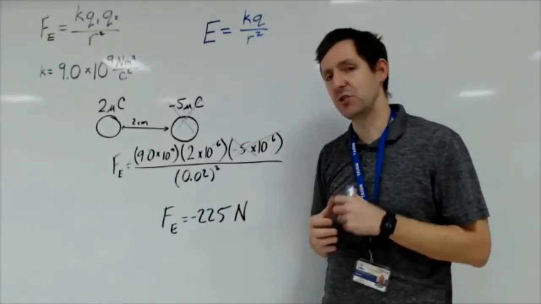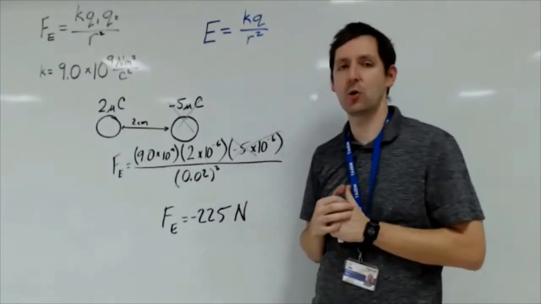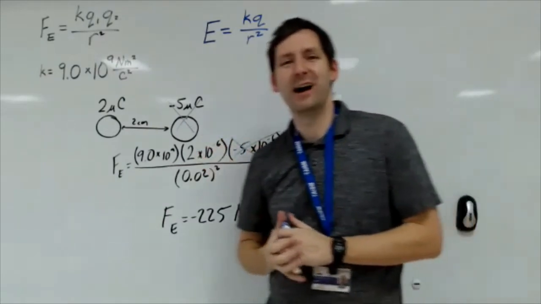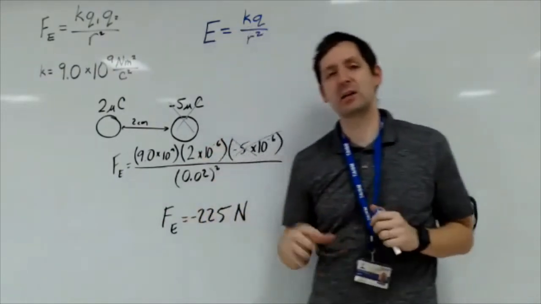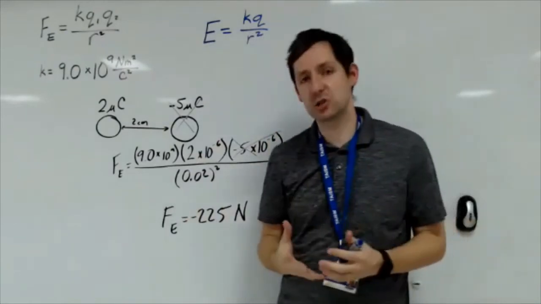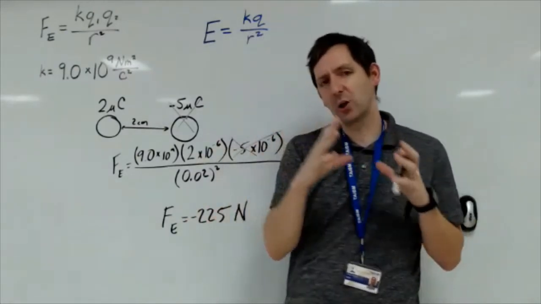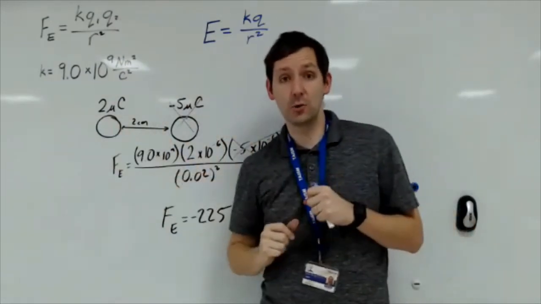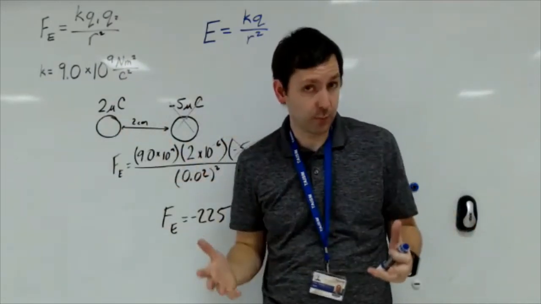That's what you're going to practice in tonight's homework, or I guess it could be classwork. You're going to be practicing calculating the field strength and recognizing that closer to the object, your field is stronger, and the further away you are, the weaker your field will be.